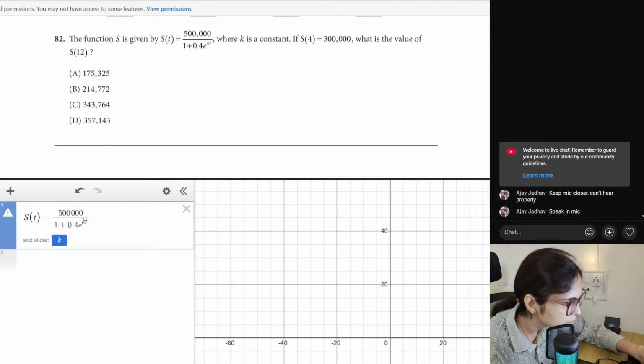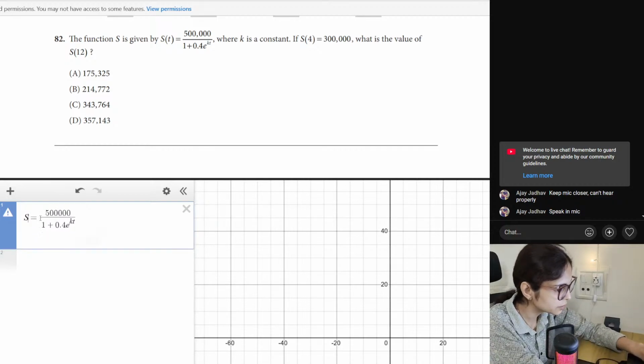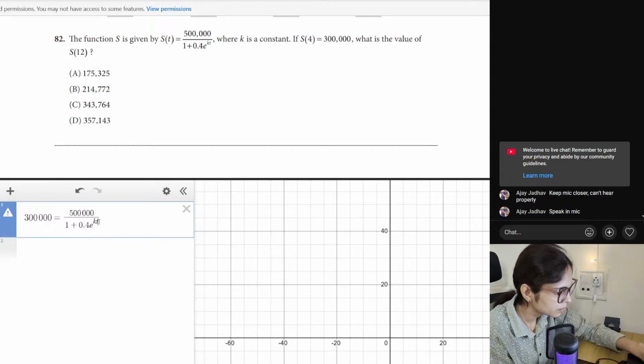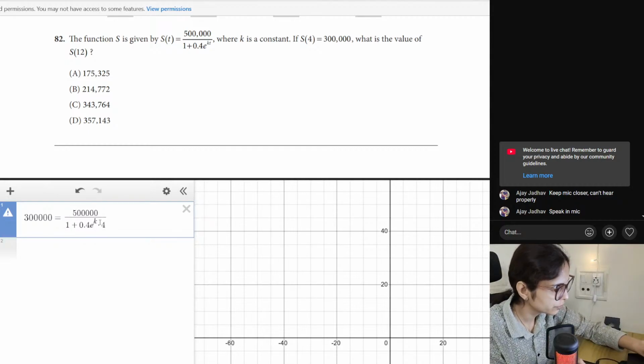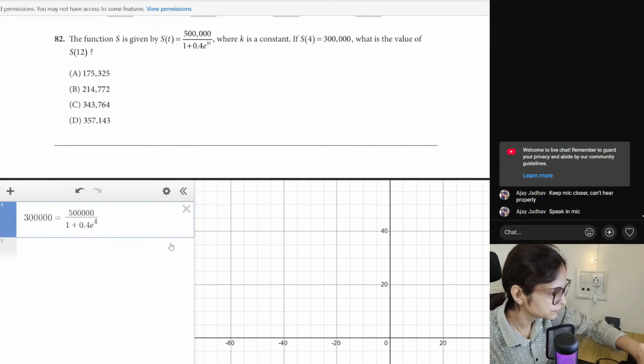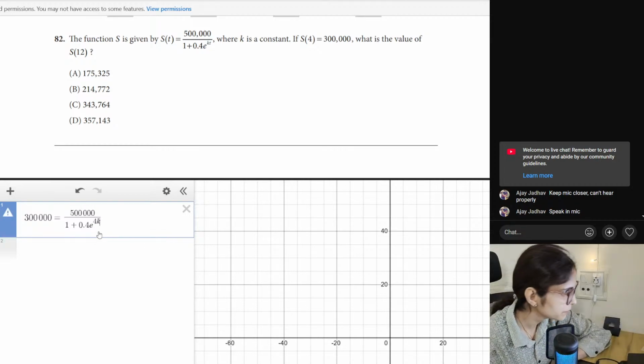Correct. Now it is given that s of 4 is 300,000, so here I can say 300,000 equals the function, and t is 4, so k times 4. Okay, so I can write 4k.